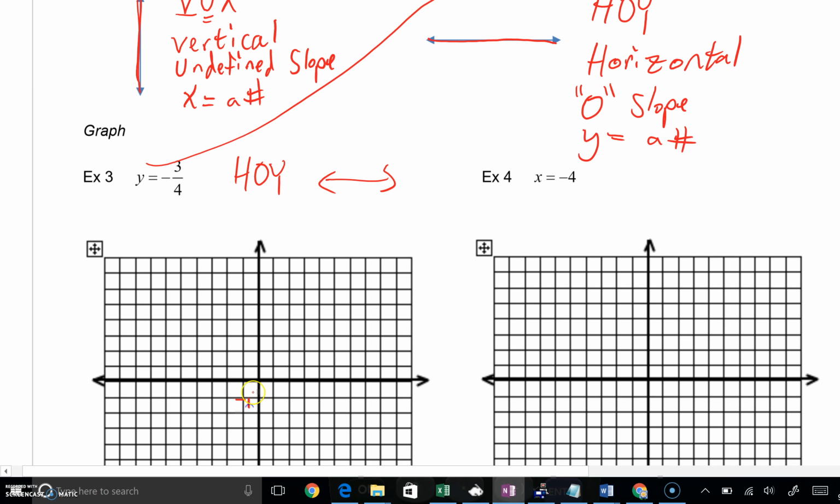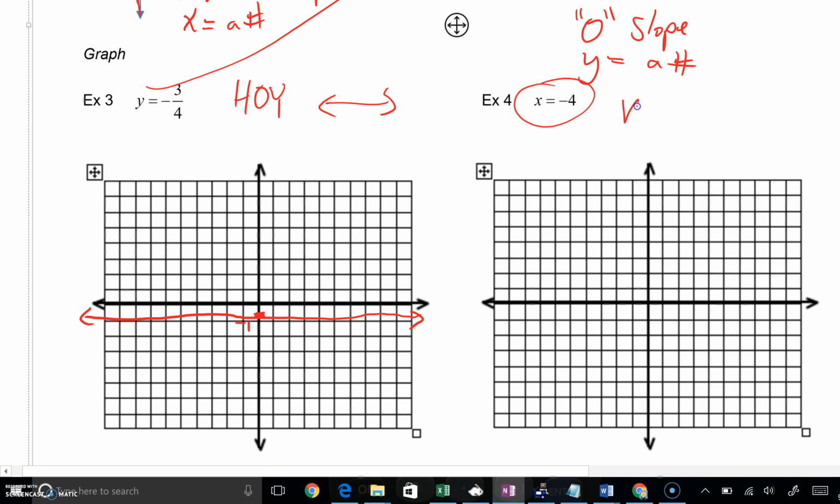If this is where negative 1 is, negative 3/4 is right about here. And that's what our left to right line is going to look like. It's going to look something just like so. X equals negative 4. Well, this would be Vux. Vertical line.